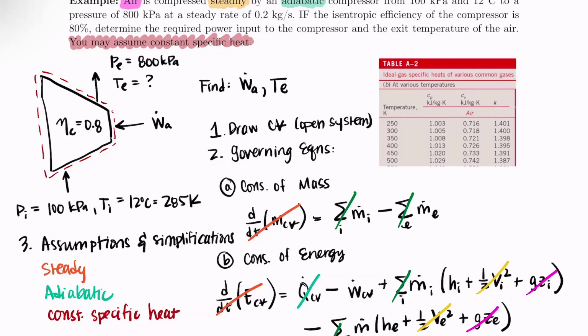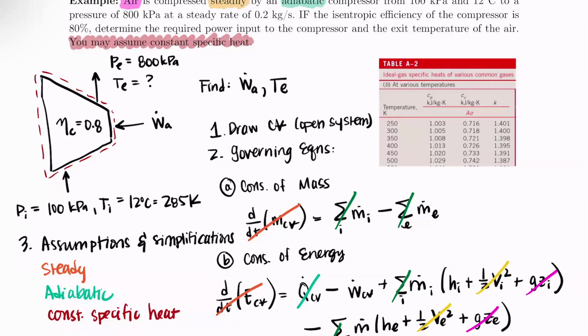So we're going to use a constant CP. We know that our inlet temperature is 285 K, and we expect that the exit temperature is going to be higher. So we want to pick something that's convenient from the table that's not going to require us to interpolate.